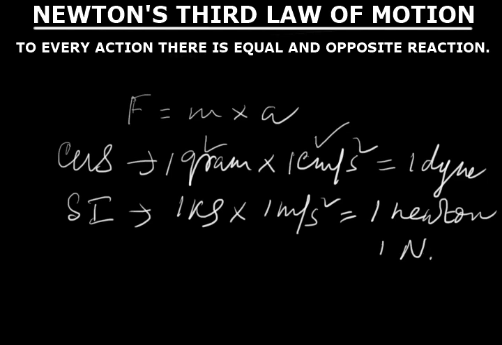So we have obtained the CGS unit of force and the SI unit of force, and the relation between 1 newton and 1 dyne is that 1 newton equals 1 kg into 1 meter per second square.